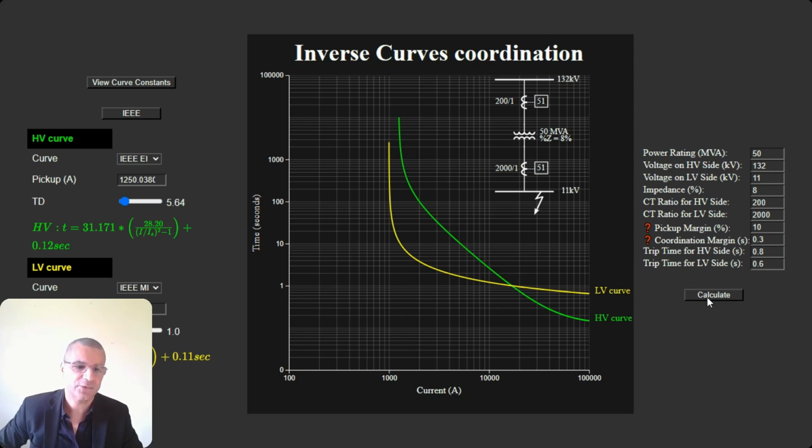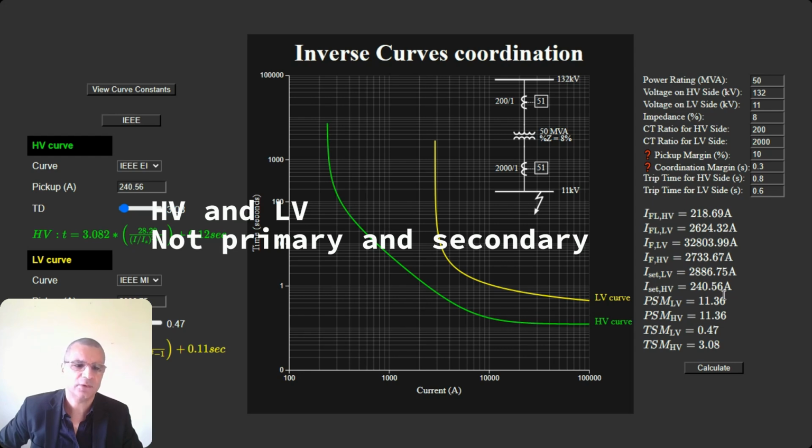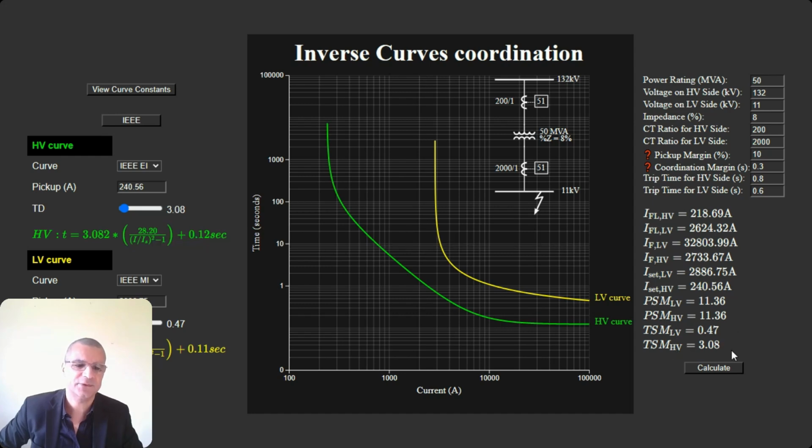And okay, so if we press on this, you will see that you have all the load, the primary and secondary fault current, and the time setting multiplier for the LV and HV side. Here, these values and these curves correspond to trip times on the LV and HV side that are basically governed by these times.